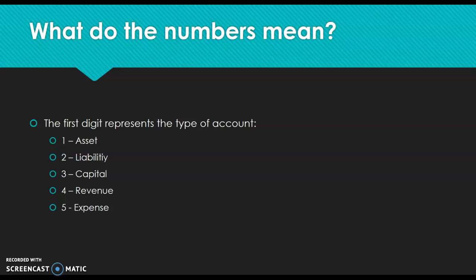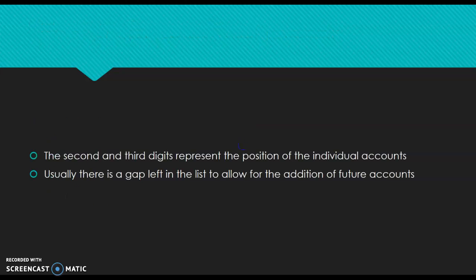The first digit represents the type of account. So remember it's a 3-digit number. So the first digit, 1s are assets, 2s are liabilities, 3 is capital, 4 is revenue, and 5 is an expense. And the second and third digits represent the position of the individual accounts.